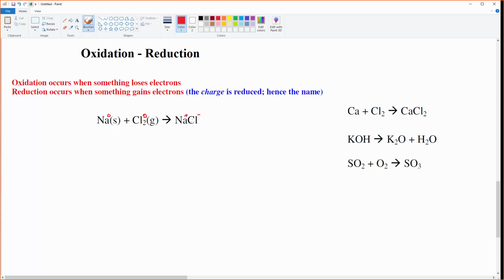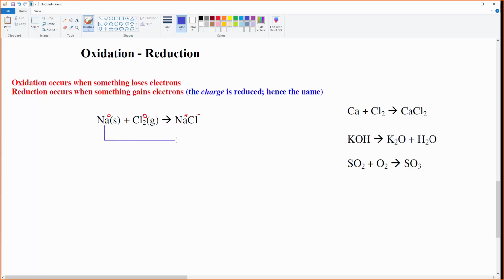So we can just use the actual charge of the elements and the charge of the ions in the ionic compound to tell us something about where the electrons came from or where they went to. Can you look at this and tell me which one of these things lost an electron and which of these gained an electron? Sodium lost an electron.